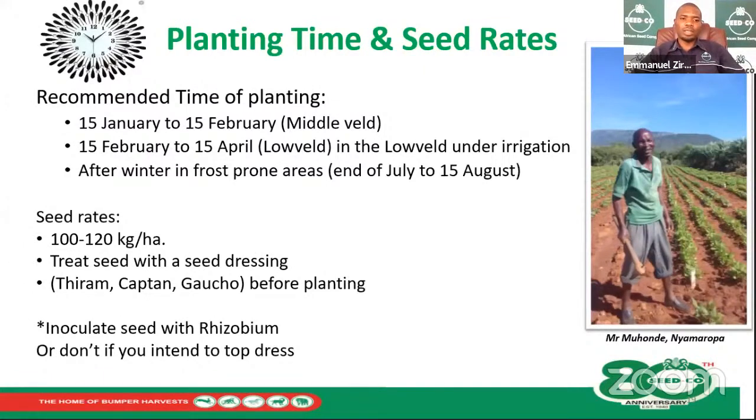So you need to treat with either Thiram, Captan, Gaucho, or a mix. For those who intend to top dress, we don't encourage you to inoculate your seed with rhizobium. But if you don't intend to top dress, you can use rhizobium. It's easily available from the Grasslands laboratory.